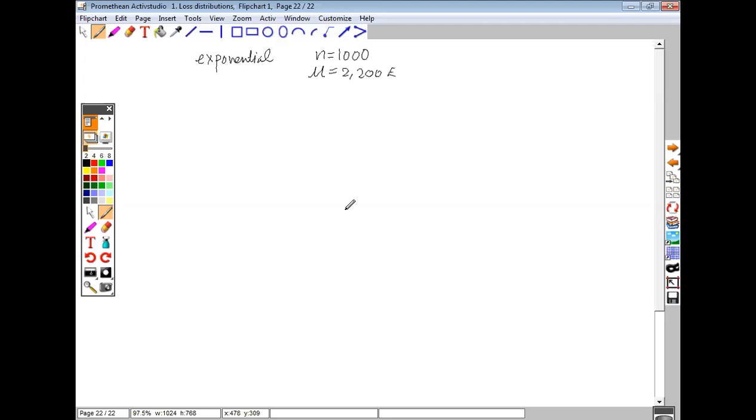Ma'am, can you please repeat your question? So I said that I am looking at a company which uses exponential distribution to model the cost of repairing vehicles. And they say that the average cost of repairing 1,000 vehicles is 2,200. And what you have to now do is find the maximum likelihood estimate of the mean cost.